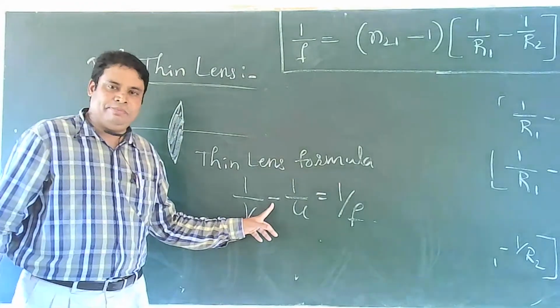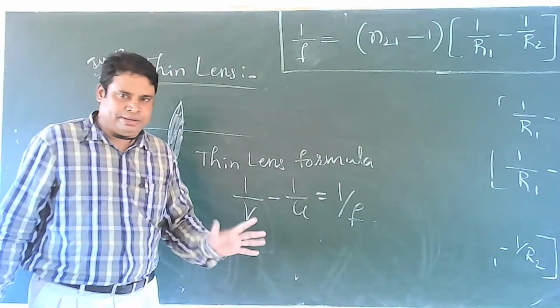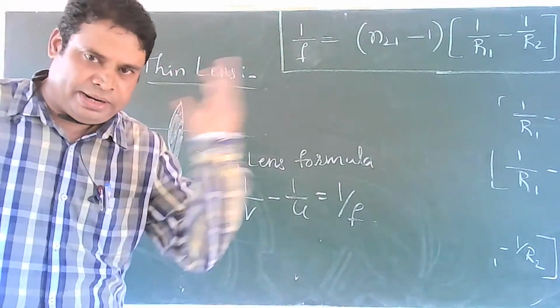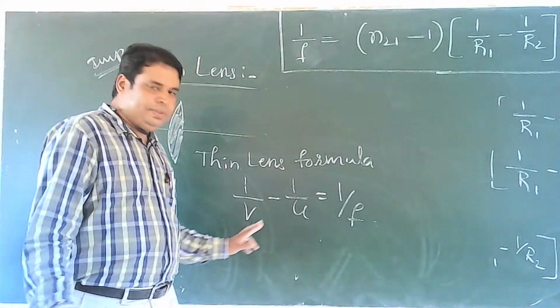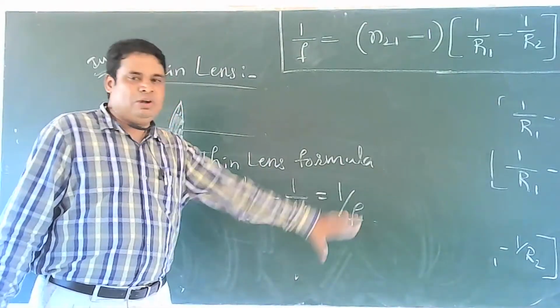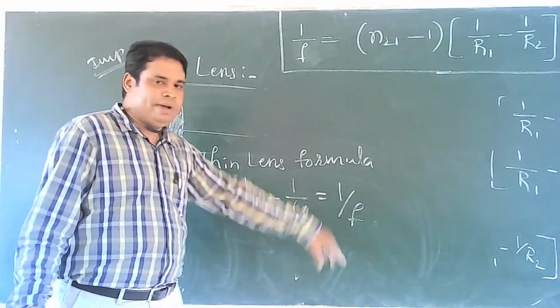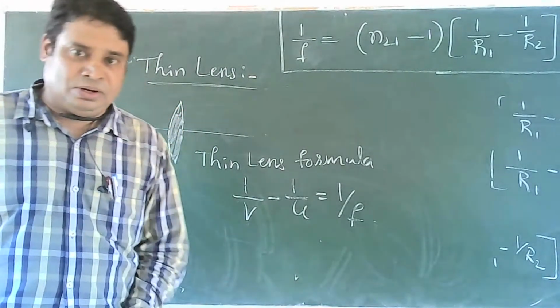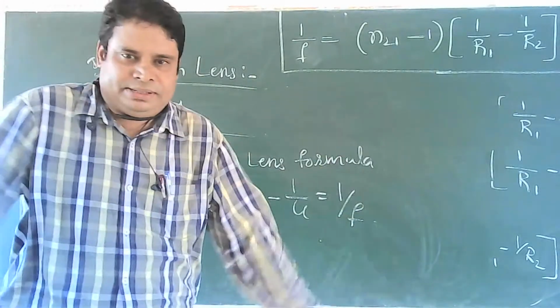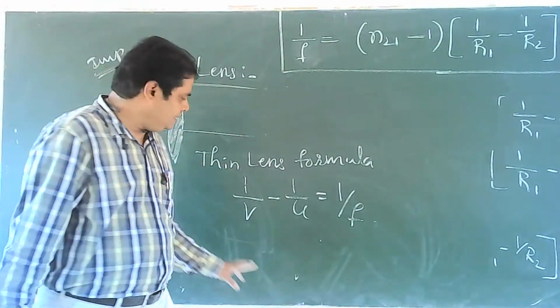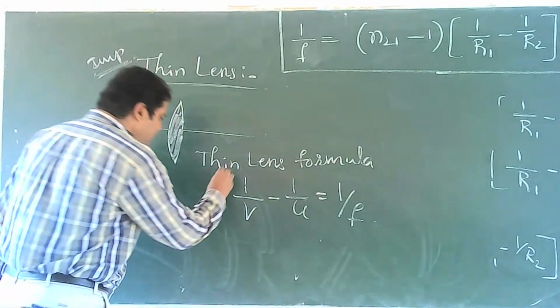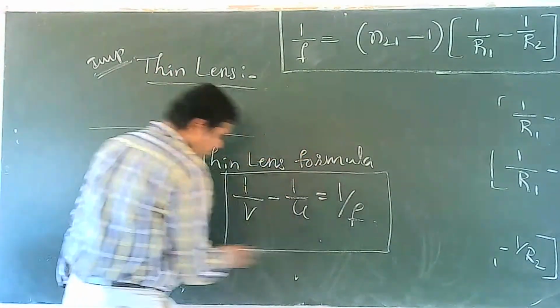If you put plus here, it will become the mirror equation. Don't confuse this equation with the mirror equation. This is 1 by v minus 1 by u is equal to 1 by f. No need to bother how to derive all those things. Just directly remember this. This is the thin lens formula.